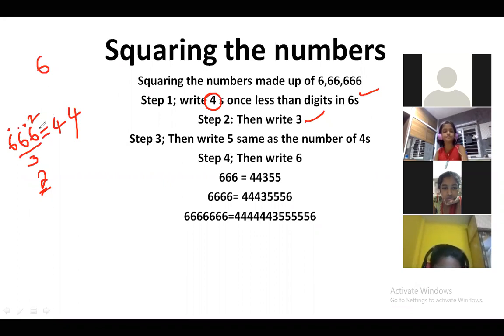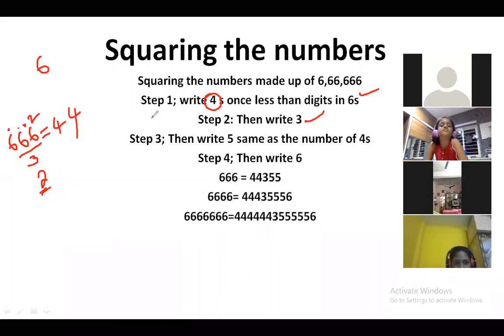If there are 4 6s, you should write 3 4s. One number less, okay? Got it? So we should start with 4s only. How many 4s depends on the digits here. Here 3 digits are there, that's why we should write 2 only. 2 4s only. This first step we have completed.